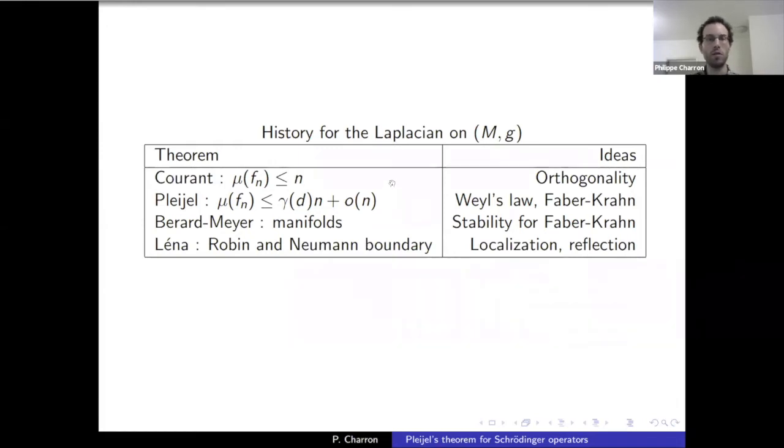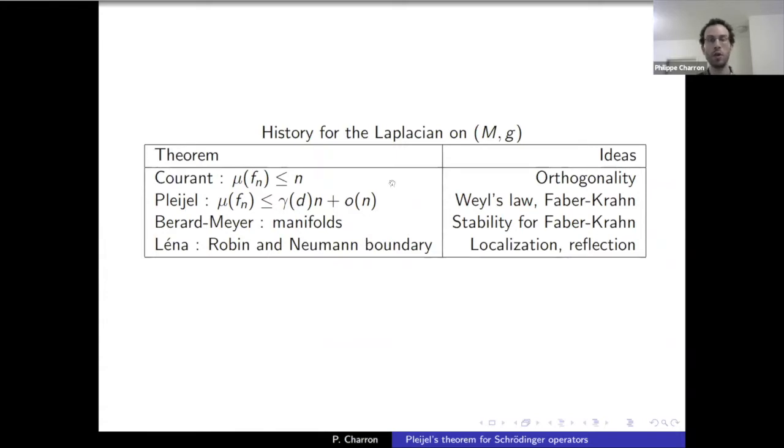Now, in order to prove that, you use a completely different set of ideas. First of all, instead of looking at lambda n, you say, what if I had just some eigenvalue lambda? What is the smallest possible size of any nodal domain for an eigenfunction?